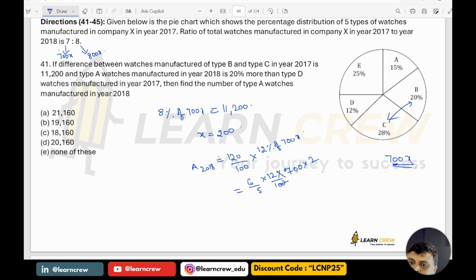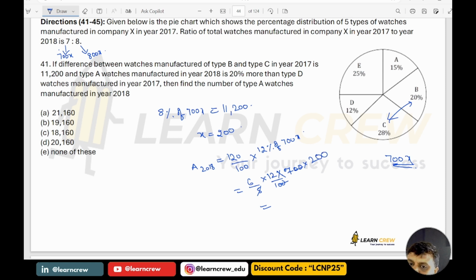Two zeros cancel. So how much are you going to get now? 7 2s are 14, 14 into 12 are 168, 168 into 1.2. Am I correct or not? 12% of 700, x is 200.